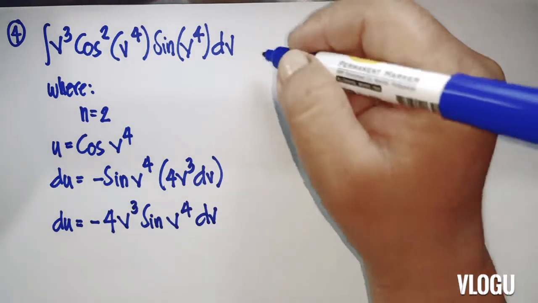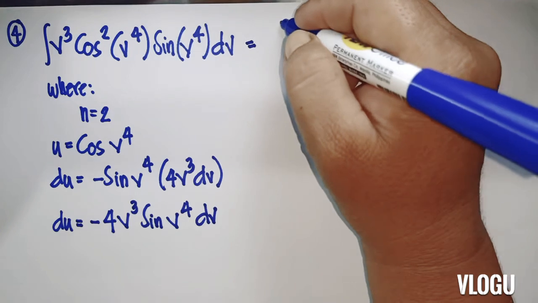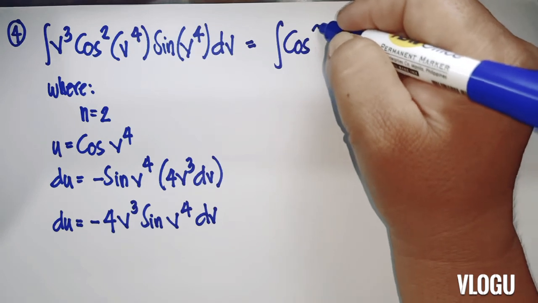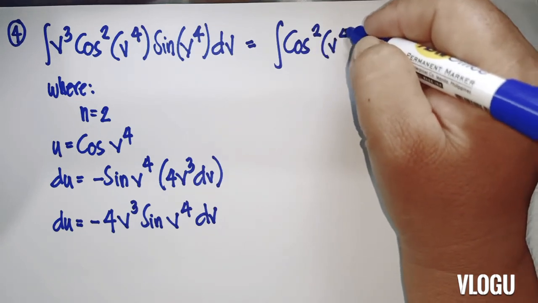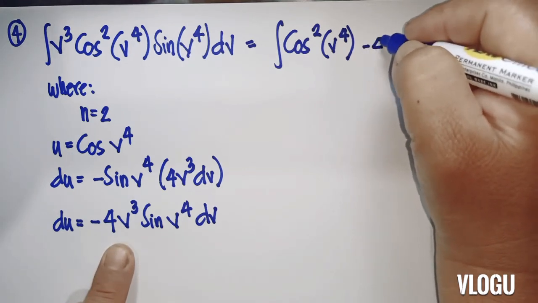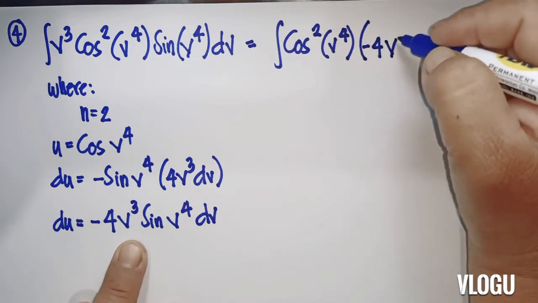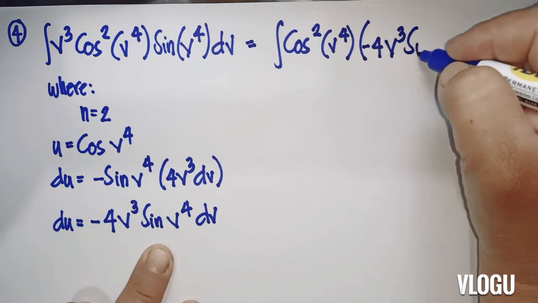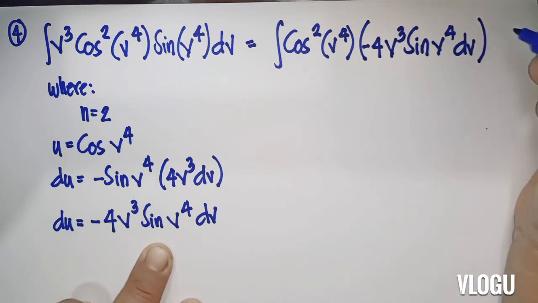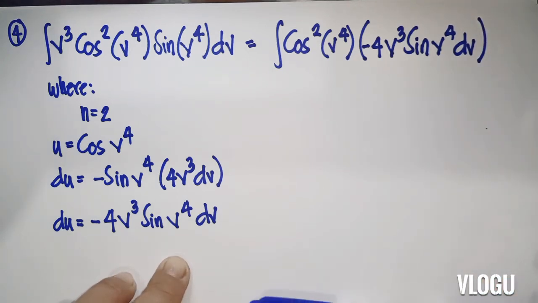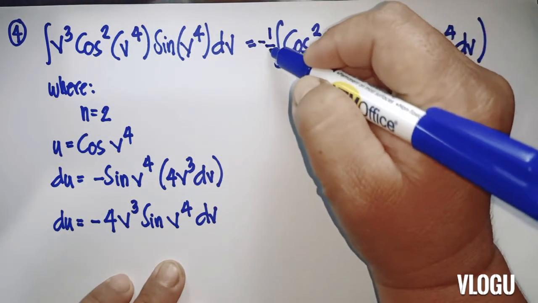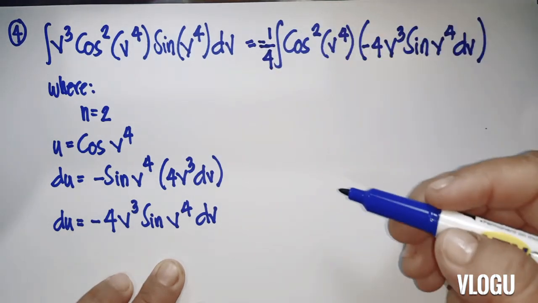So therefore here you will have the integral of cosine squared b to the fourth, then negative 4 b cubed sine b to the fourth db. Since you have negative 4, multiply by negative 1 over 4.